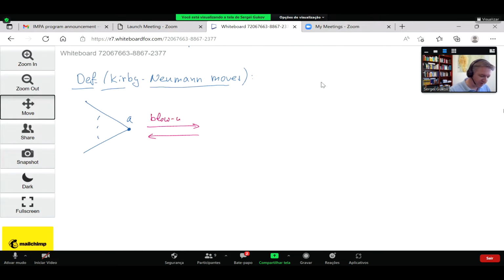This is the name of the operation, or blow down, which produces a different graph. Where this vertex remains connected to everything it was connected to before, but you're allowed to change its coefficient, this integer that decorates it, by plus minus 1, and that plus minus 1 is correlated to the decoration of a new vertex which got connected to it by a new edge.